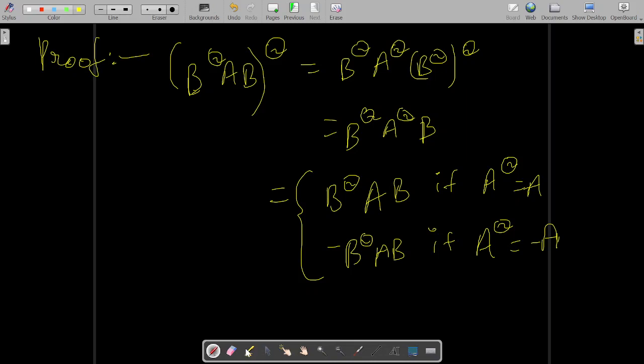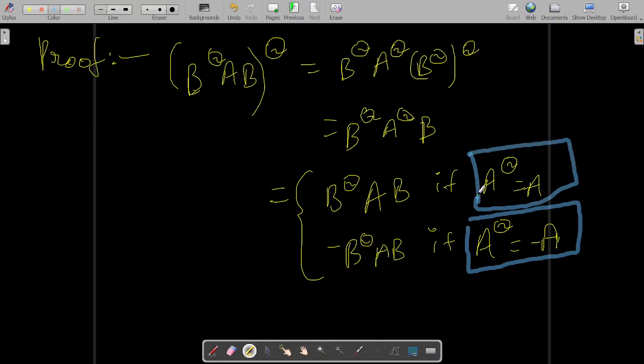So if A is Hermitian, then this is also Hermitian because it has come out to be the same. And if A is skew Hermitian, then this is also skew Hermitian because it has come out to be with the minus sign. Okay.